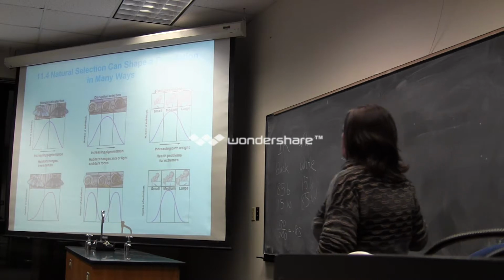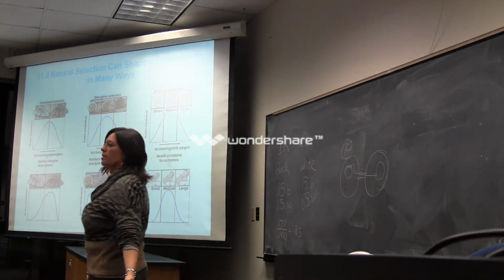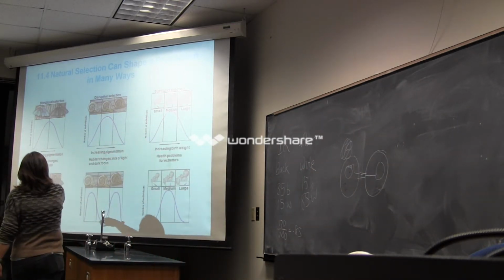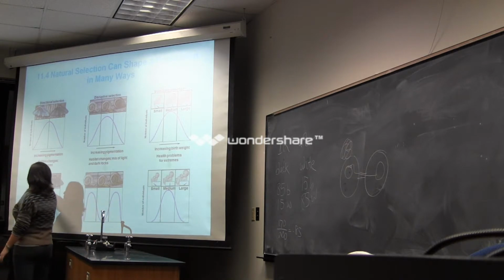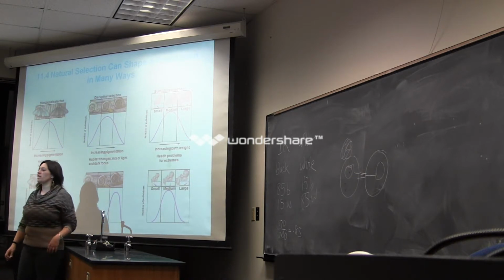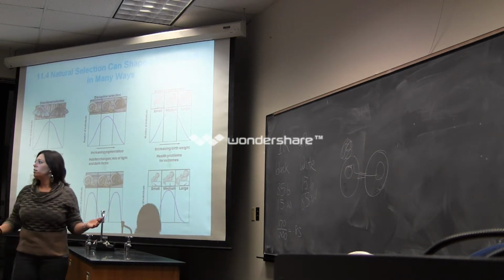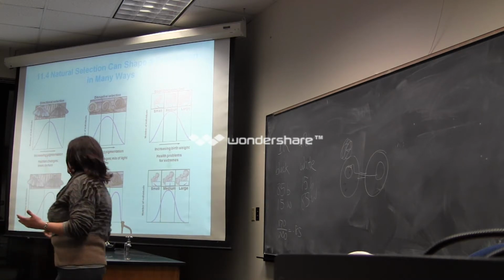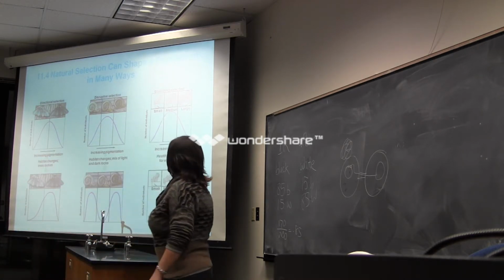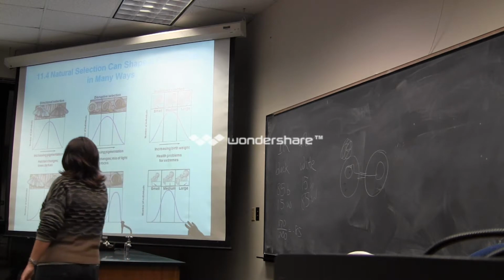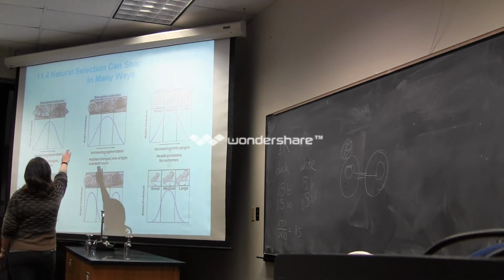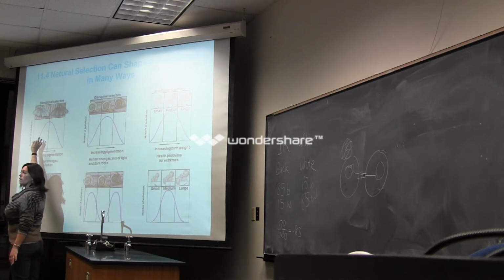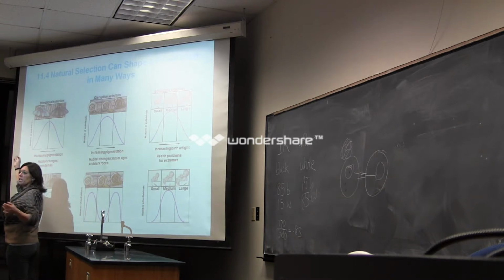So in the first example, this is going back to the moth thing. Depending on the tree color, some moths are going to survive better than others just because they stand out or they're more camouflaged against predation. And so with this directional selection, if you have just normal wood color, then you should have kind of equal populations.